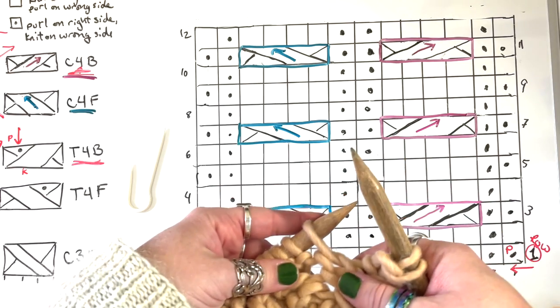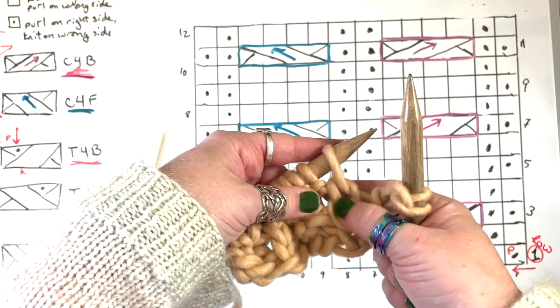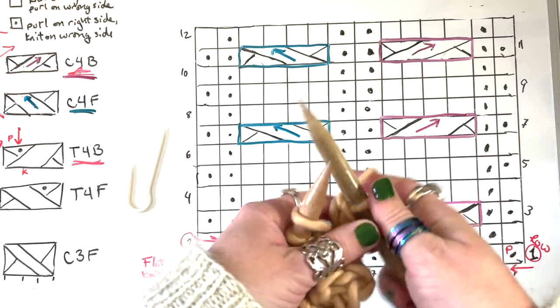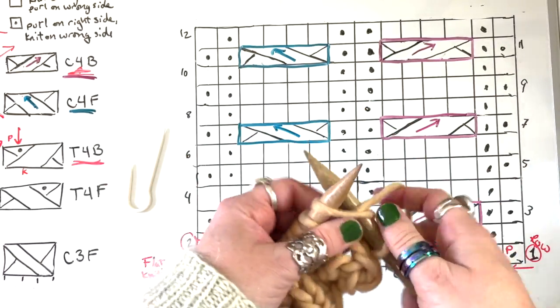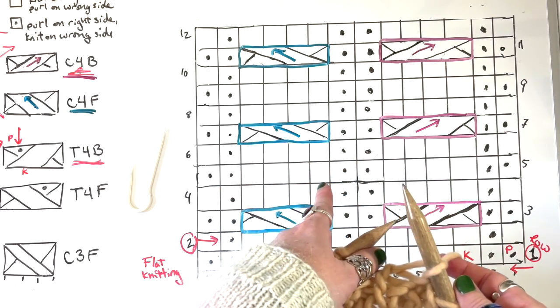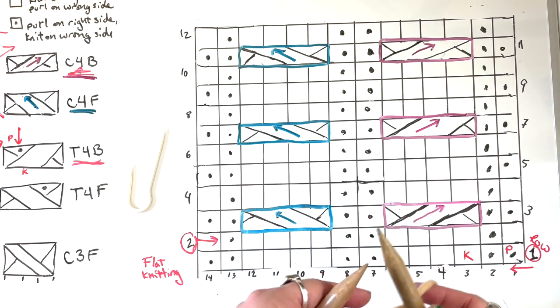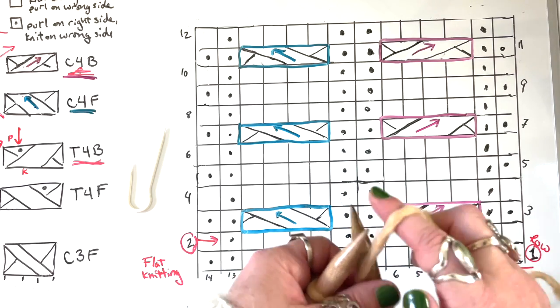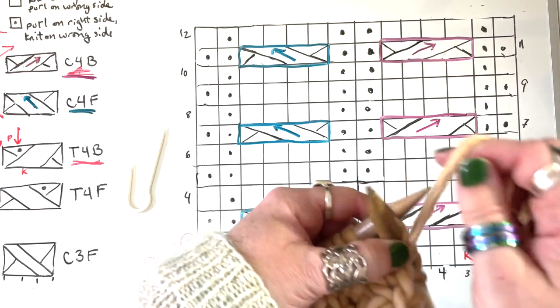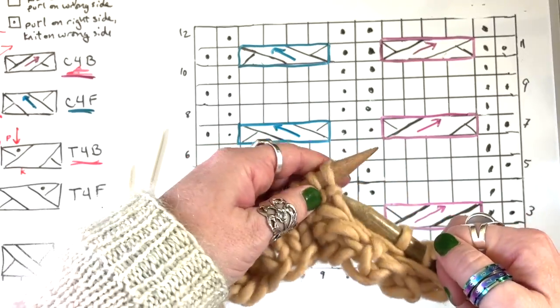If I was on the right side, I would be purling, but I want the same stitches I see underneath me. On this side, on the wrong side, I'm going to knit. These stitches, to make them look like knit stitches on the front, I need to purl 4 stitches across the back.